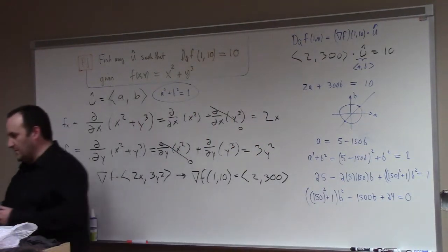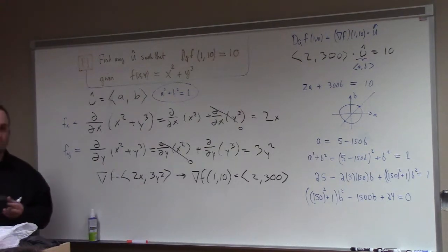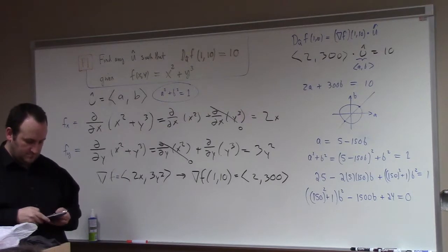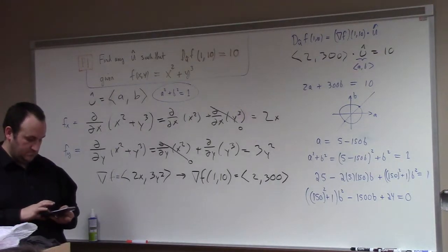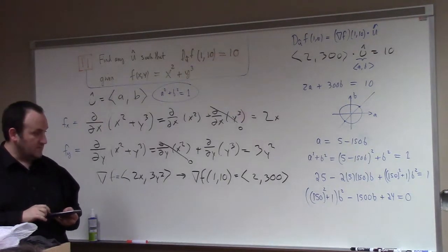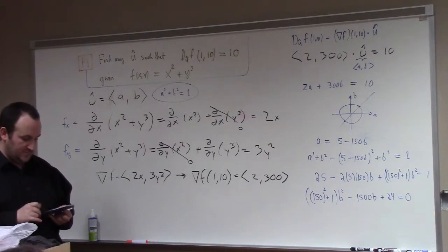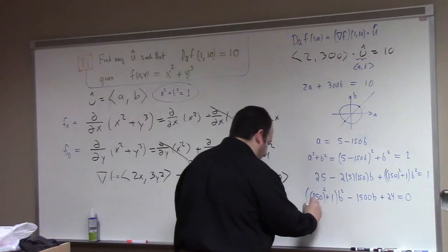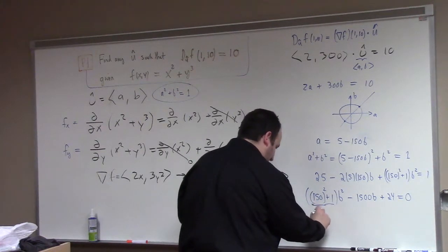This, of course, is a what? You guys don't know? A quadratic, right? You guys know. 22,501 is the leading coefficient. Very exciting, right?